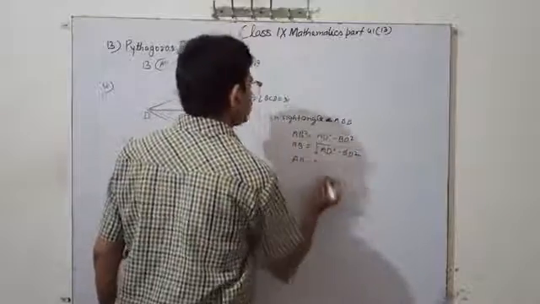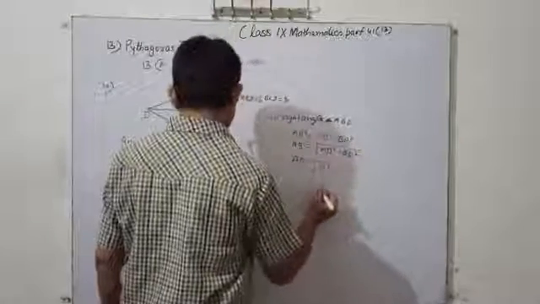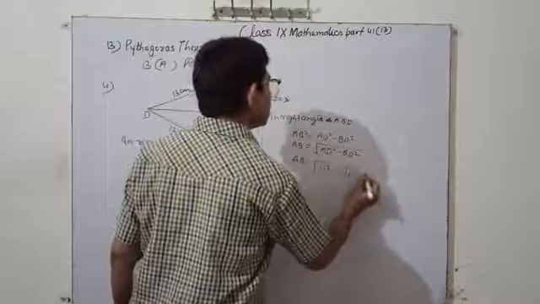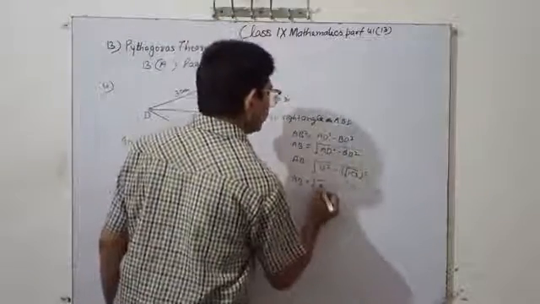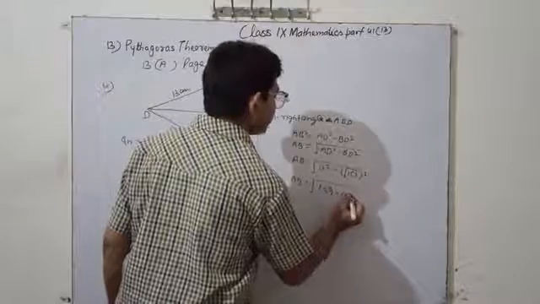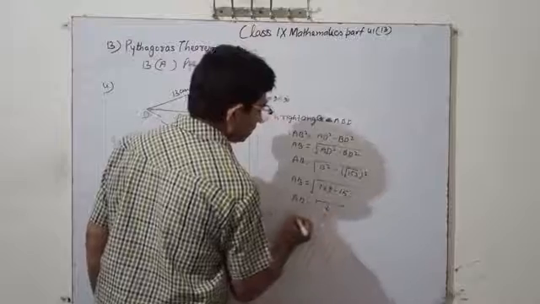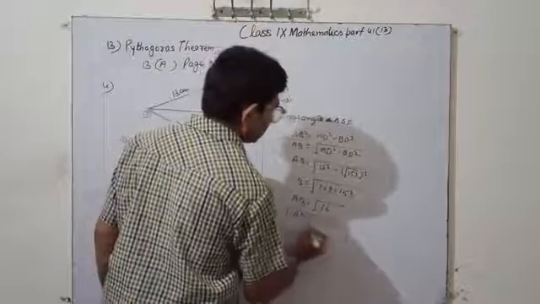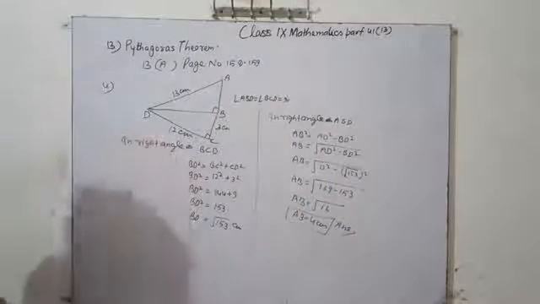AB equal to root of AD, AD is given, 13 square minus root 153 whole square. AB equal to root 169 minus 153. AB equal to root 16. AB equal to 4 centimeter. This is the answer of the question 4.